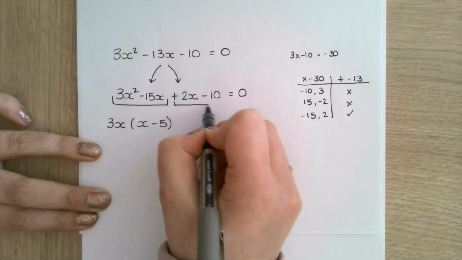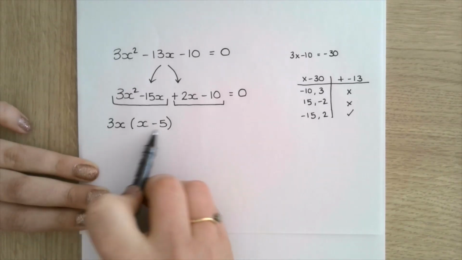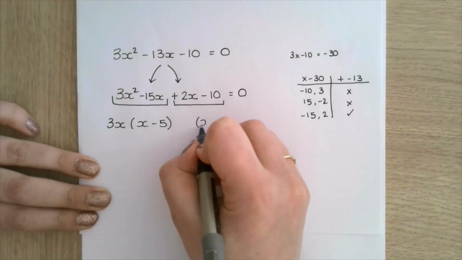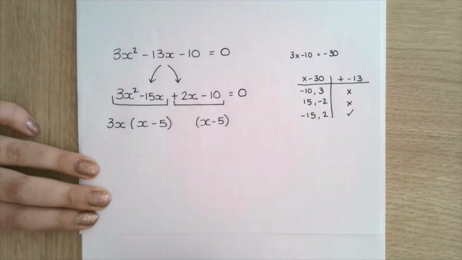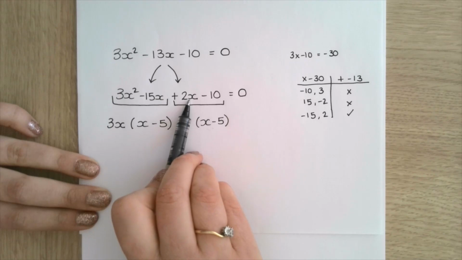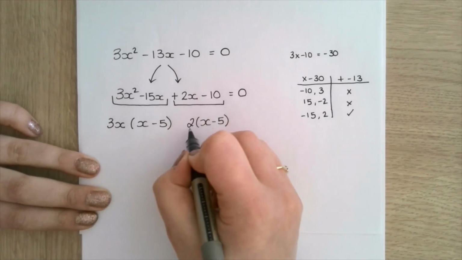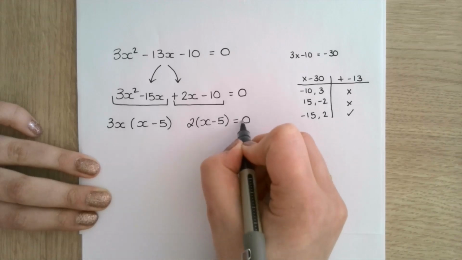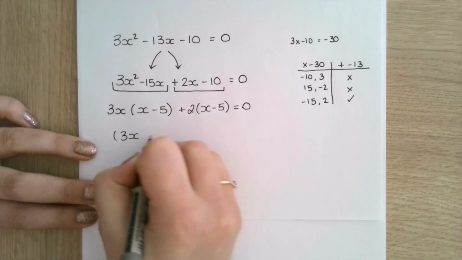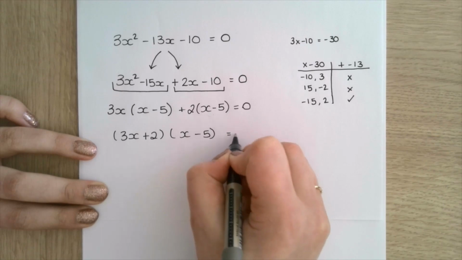Now when I factorise the last two terms, I know that the bracket that it's going to factorise is going to have to be the same as this one. So I know it's got to be x minus 5 here. What multiplied by x minus 5 is going to get me 2x minus 10. Well, if I multiply that by 2, 2x minus 10, perfect. So to factorise, I have got 3x plus 2, x minus 5.